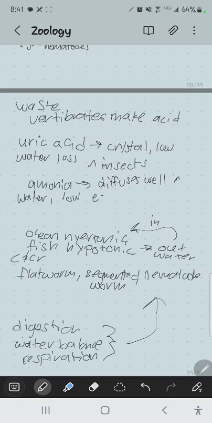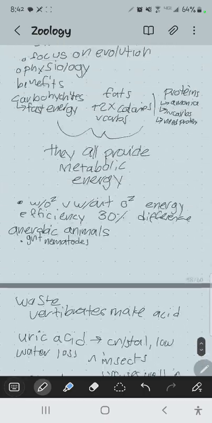Probably osmoregulation will be tied to nitrogenous waste, right? I'll probably tie those two together because they're kind of related, especially once we get to nephridia and that type of structure. We have osmoregulation and nitrogenous waste tied together, right?